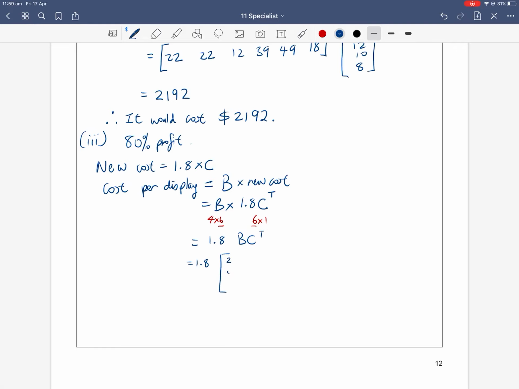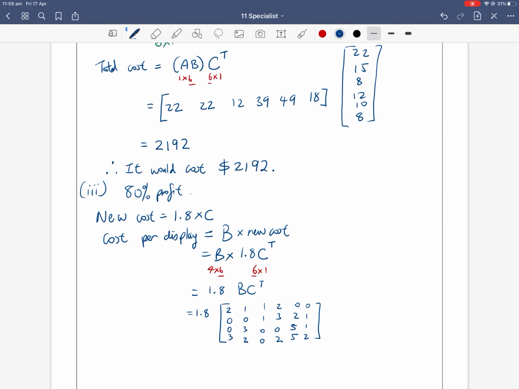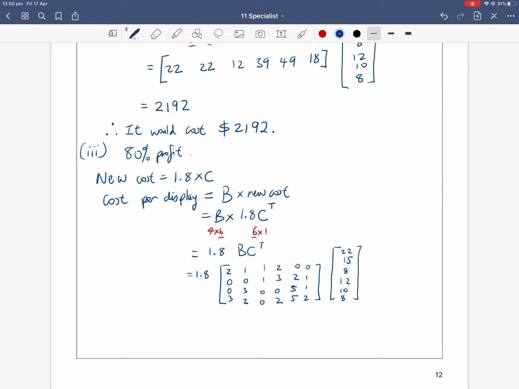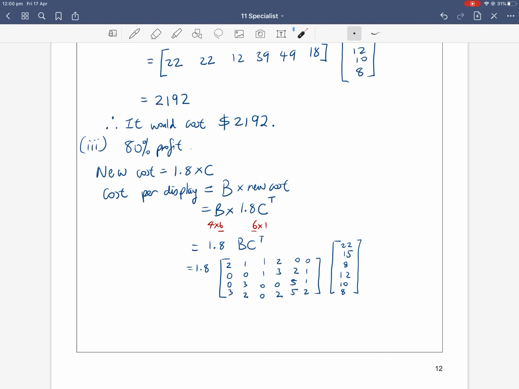So B as a matrix is 2, 0, 0, 3, 1, 0, 3, 2, 1, 1, 0, 0, 2, 3, 0, 2, 0, 2, 5, 5, and 0, 1, 1, 2. C transposed was a 6 by 1, which said 22, 15, 8, 12, 10, and 8.